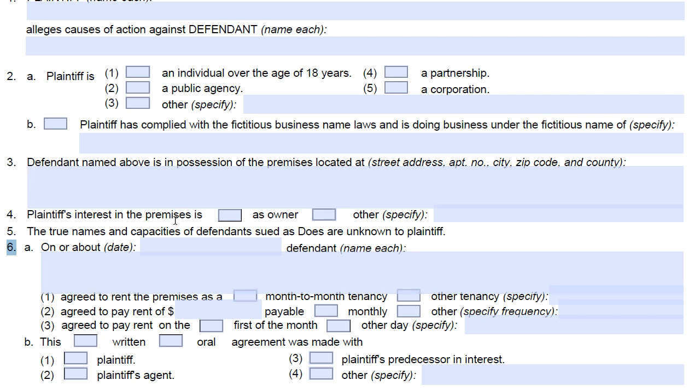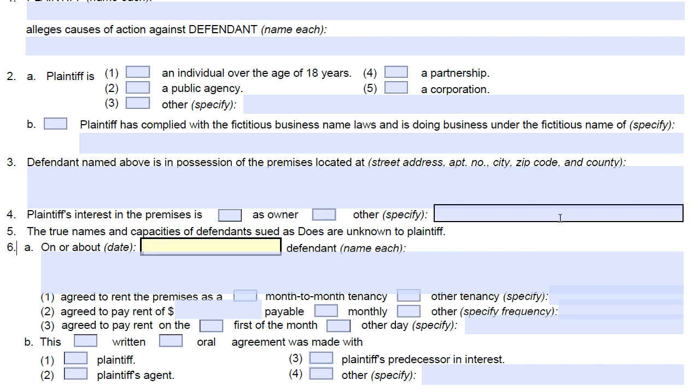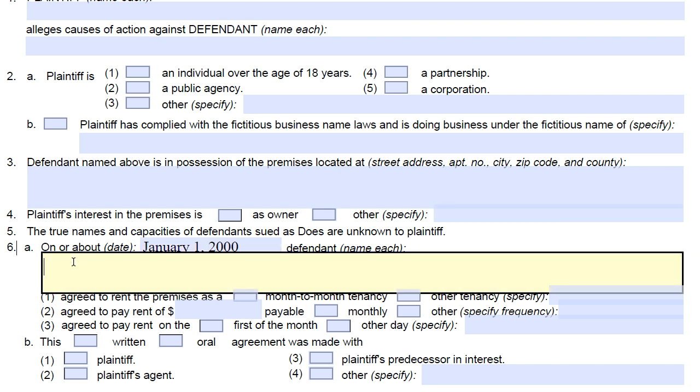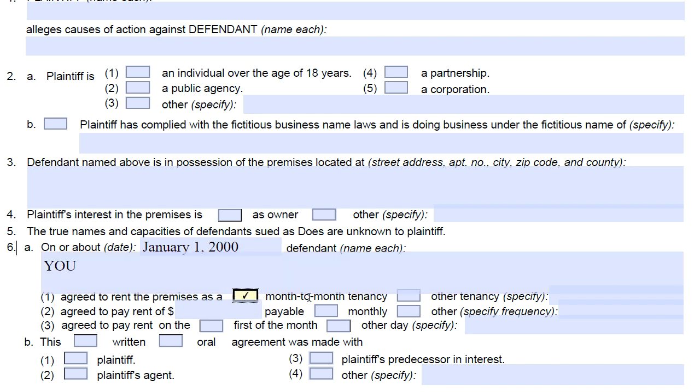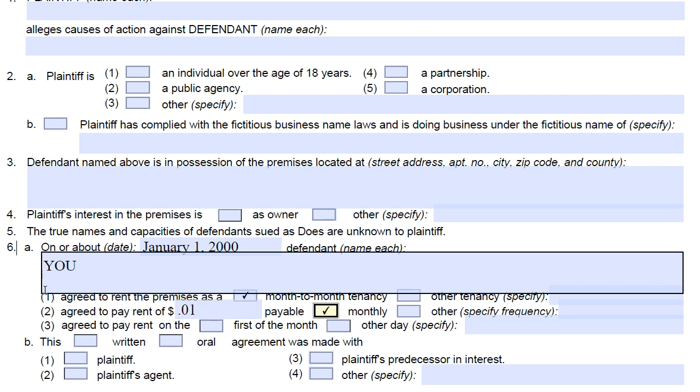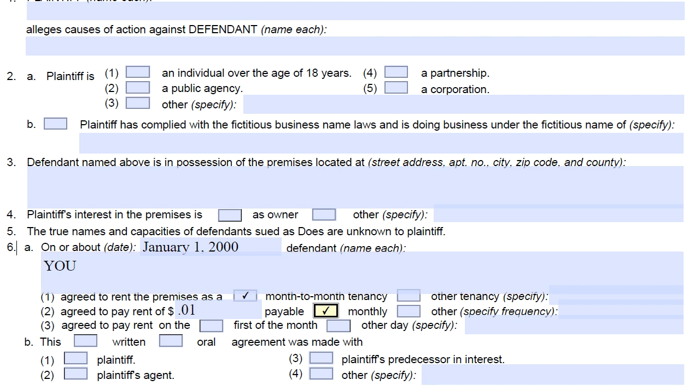So let's say that the complaint said that you moved in or had your agreement on January 1st, 2000, and you agreed to rent the property month to month for 1 penny per month.